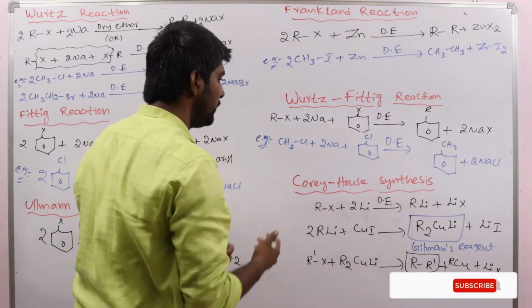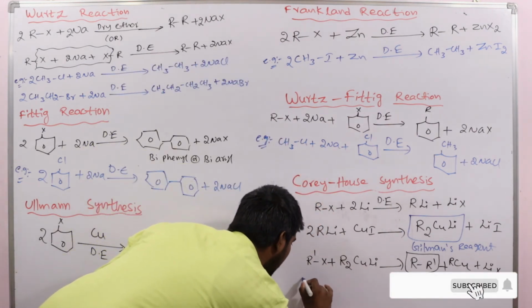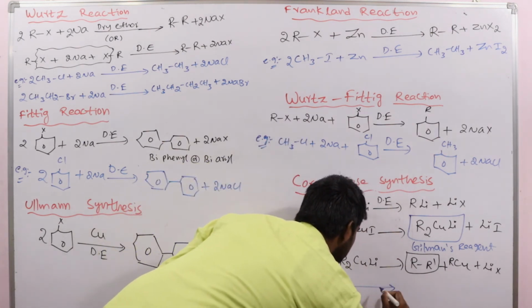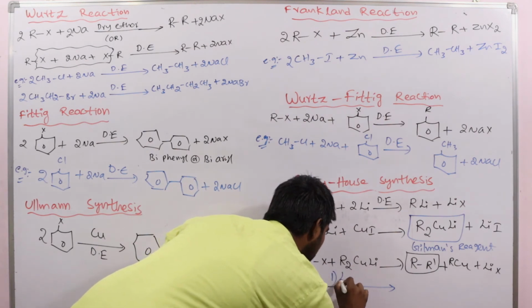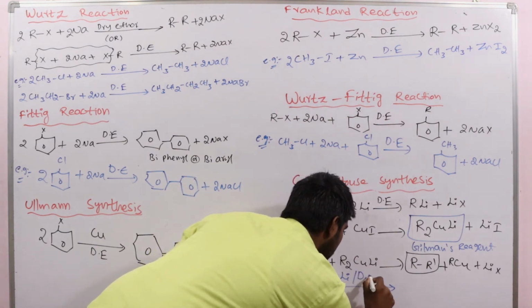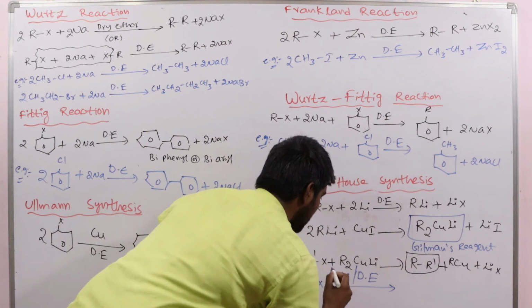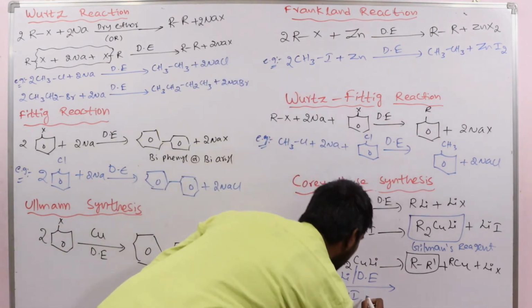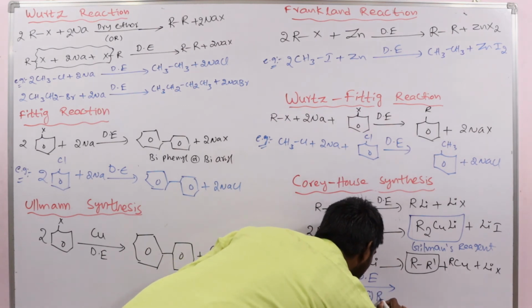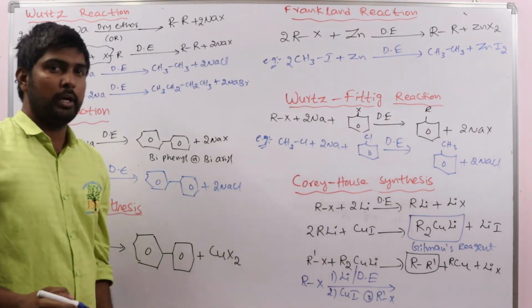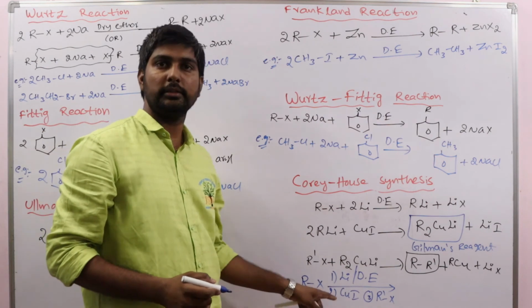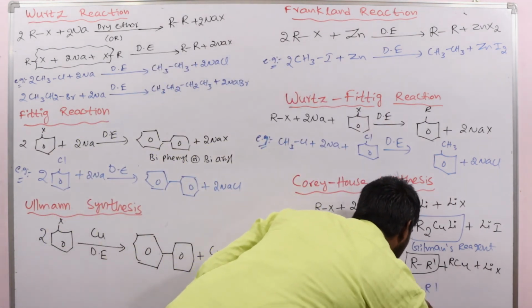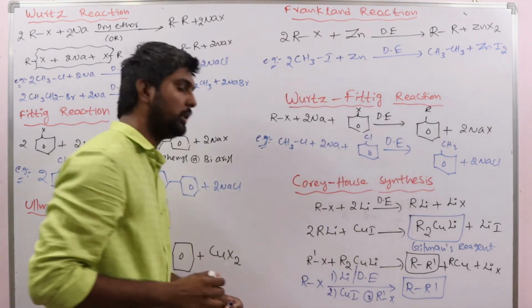Generally they will give this Corey-House synthesis reaction as alkyl halide, then lithium in dry ether, at number 2 cuprous iodide, and number 3 R dash X. Okay, so like this they are giving in the examination. So here the product is R-R dash. Okay, so how can we remember this one easily?